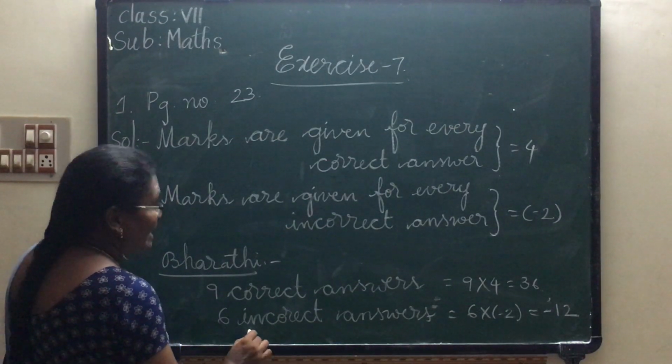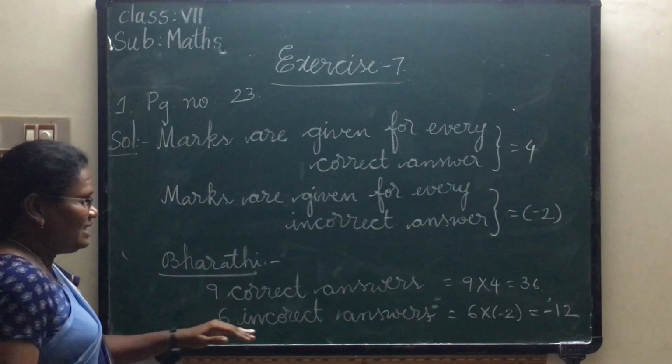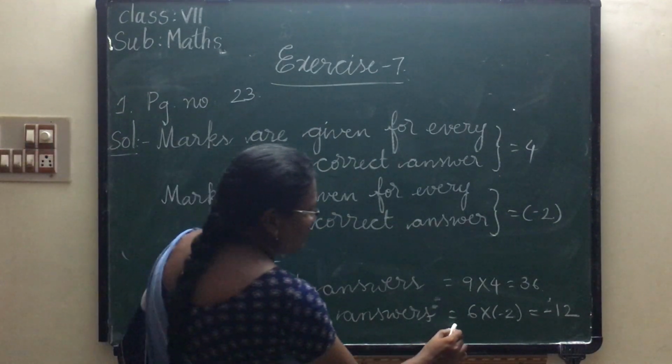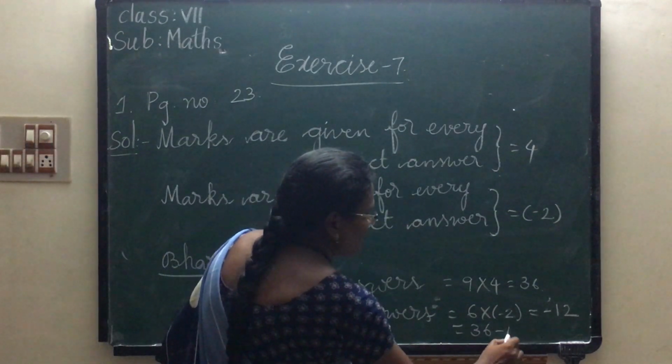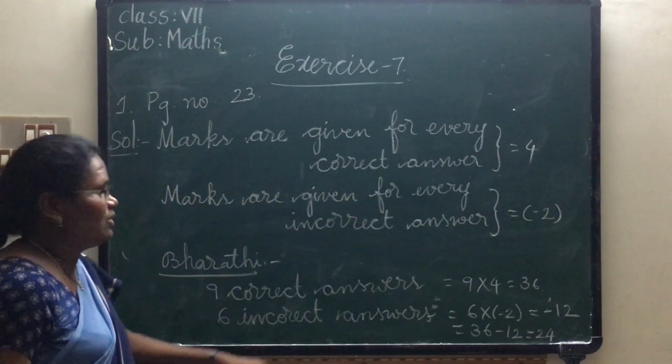Bharati's score: 36 minus 12 is equal to how much? 24. Are you able to see the board?